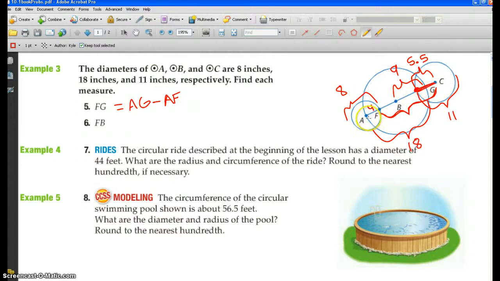So we want the distance from A all the way to G, but then we're going to subtract AF from that because we want just the distance from F to G.